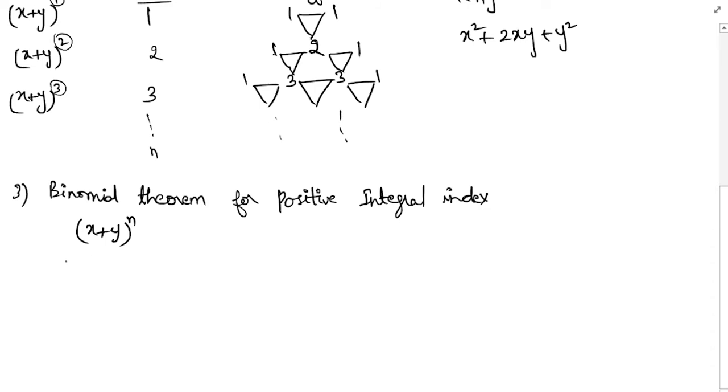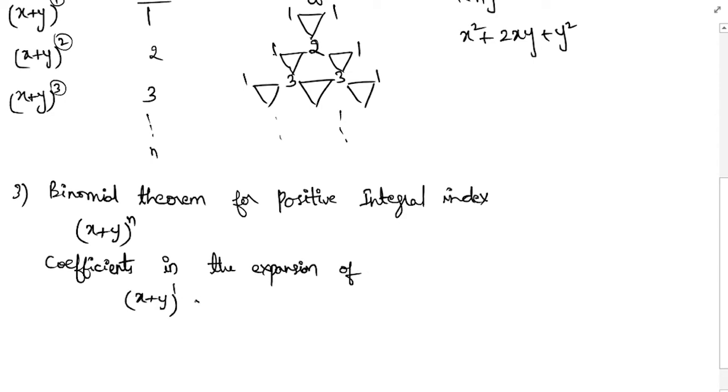So the coefficients in the expansion of x plus y whole power 1 are 1C0. In the binomial theorem, we write it as nC0, nC1, where this is our n, so I'm writing it as 1C0 here.